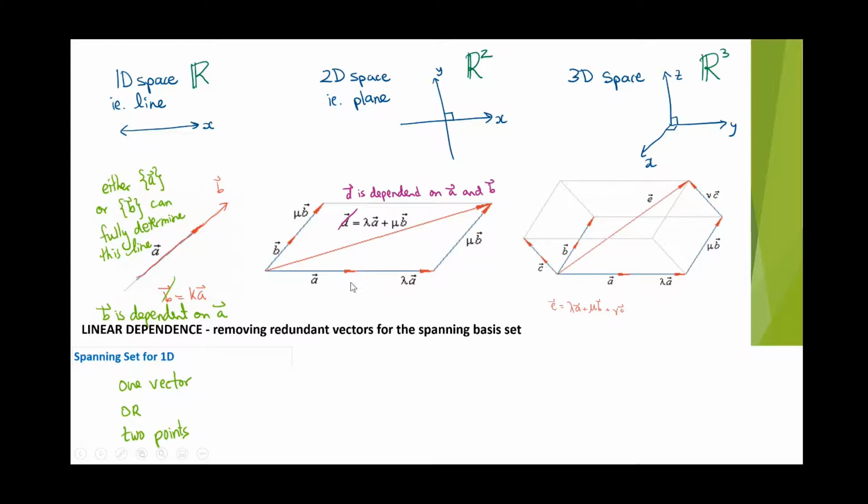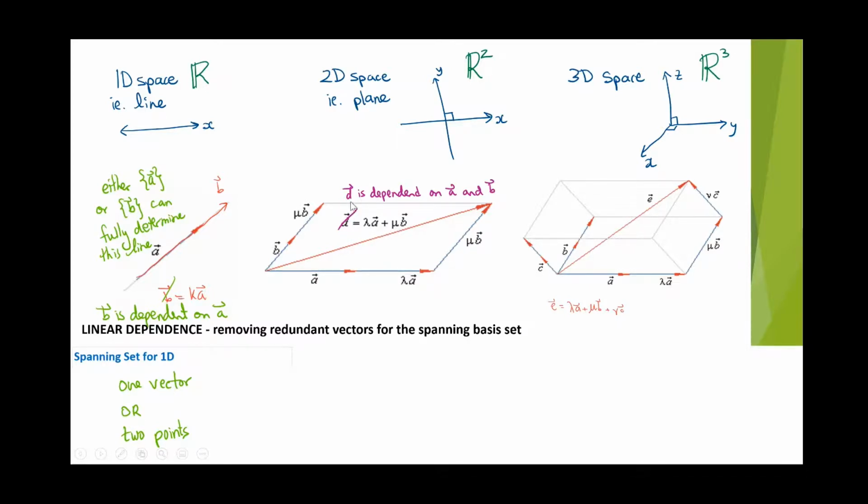Moving on to the next space. We have vector A here, vector B, and this long one right here is vector D. This vector D could be created out of vector A and B, and this formula right here, which is the linear combination, kind of shows you that you could stretch A a specific amount, stretch B a specific amount, add them together and get this other vector D. So all 3 vectors span the plane, but we don't need all 3 vectors to define this plane, because vector D is created out of A and B. So A and B are the building blocks for this plane.